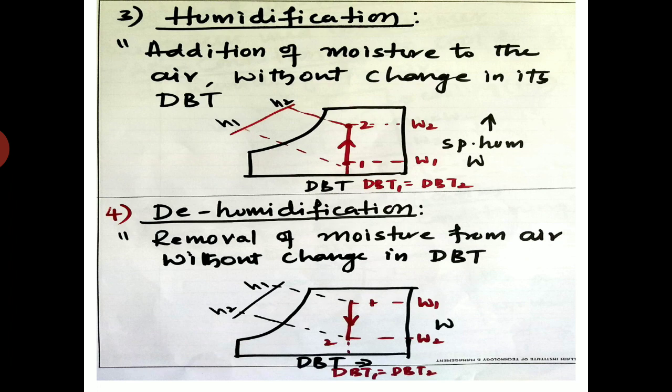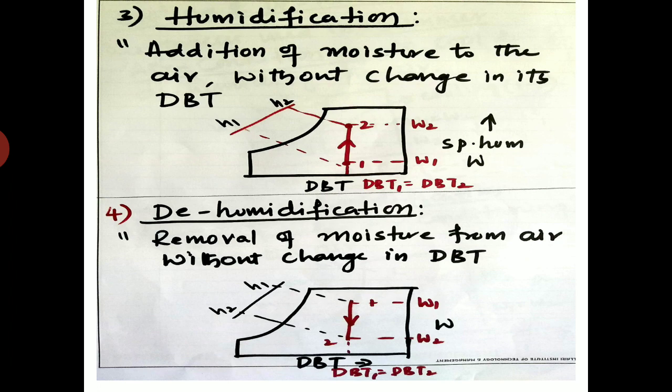Especially in case of the winter air conditioning system, I have to add the moisture. So in humidification, specific humidity goes on increasing from 1 to 2, whereas dry bulb temperature remains constant: DB1 is equal to DB2, whereas W1 goes on increasing. Dehumidification is removal of moisture from the air without changing its dry bulb temperature.